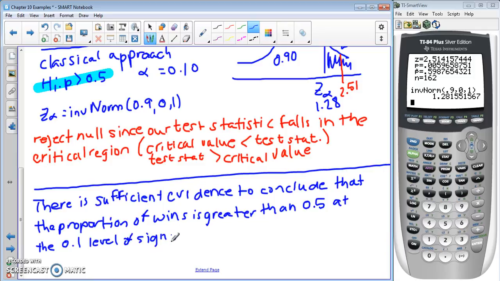It's always a good idea to put your level of significance. If we were to test that at a different level of significance, we may not get the same result.